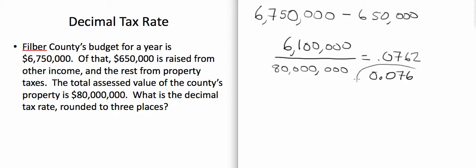That would be our decimal tax rate. Okay, so we do subtraction here first to find the amount to be raised. Divide that by the total assessed value, and we get our final answer.